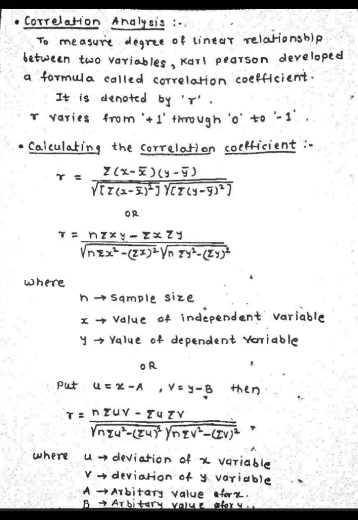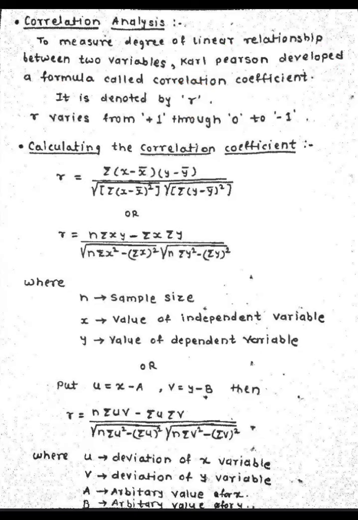To measure the degree of linear relationship between the two variables, Karl Pearson developed a formula called the correlation coefficient, and it is denoted by small r. This r varies from plus 1 through 0 to minus 1.